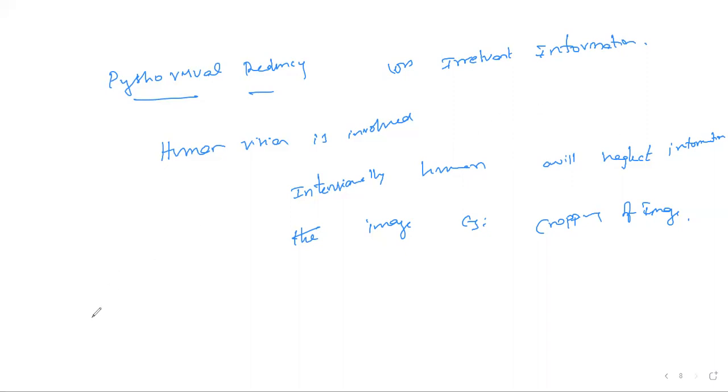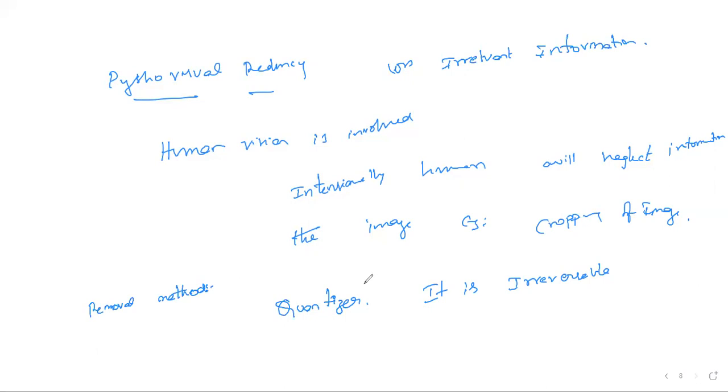So the removal method is the quantizer, and it is an irreversible process. It means we don't have an inverse quantizer.